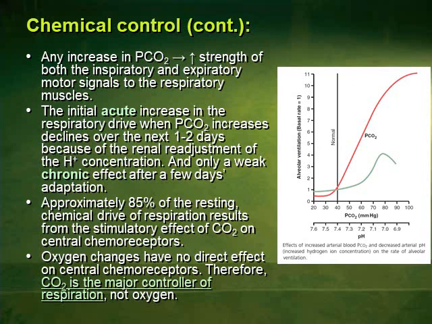So this demonstrates clearly that acidosis, the metabolic acidosis, when the hydrogen ion is in the peripheral blood, cannot affect the chemoreceptors in the brain, while the carbon dioxide can do that. So any increase in the partial pressure of carbon dioxide increases the strength of both the inspiratory and expiratory motor signals to the respiratory muscle.